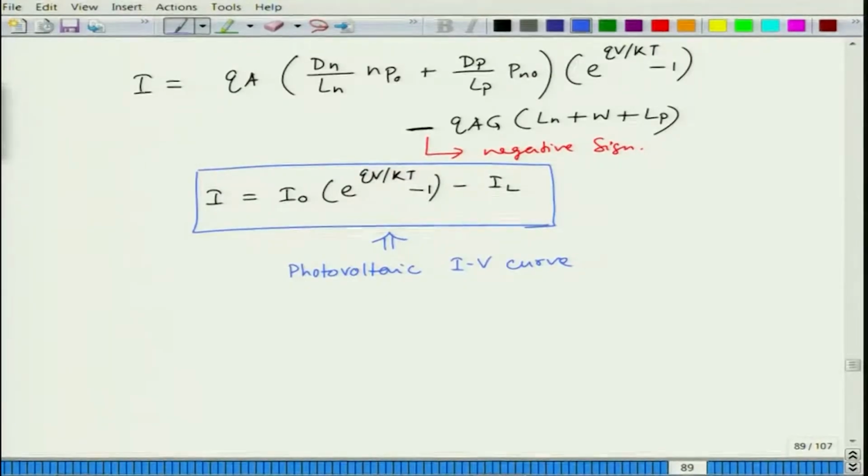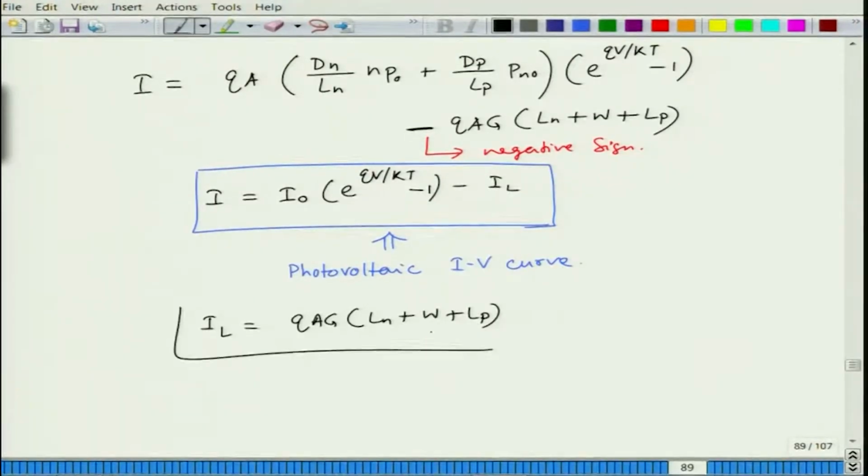So, it is different from the dark IV curve. IL, I naught we have already mentioned. IL is the added part which is causing everything interesting.